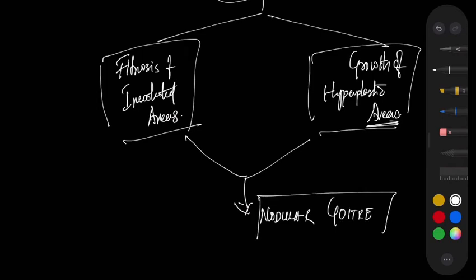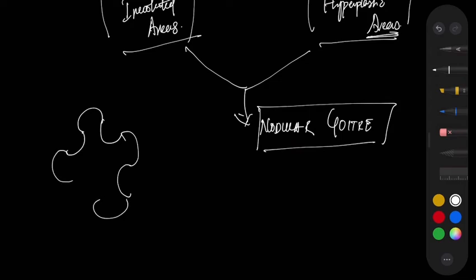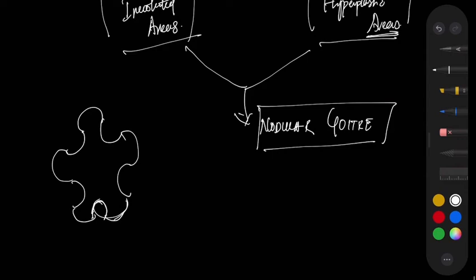Now to explain this concept a bit better, I will draw this diagram. Let's assume that these are the involuted areas, and this is the hyperplastic areas.